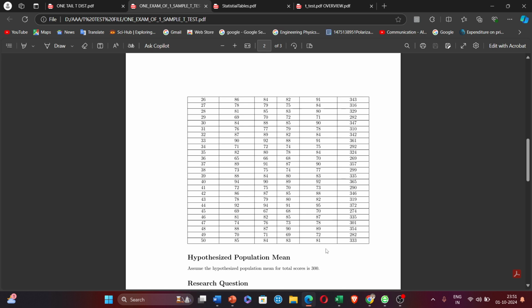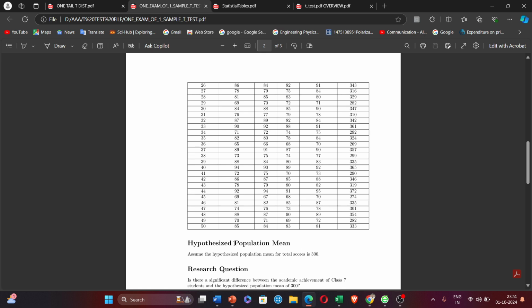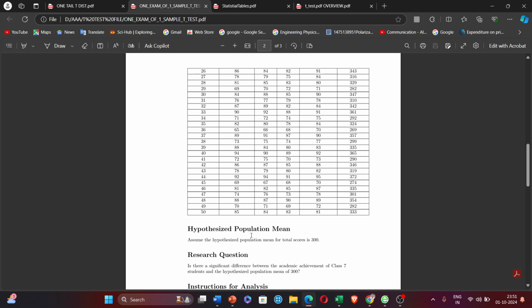Now our assumptions and hypothesis mean. Always remember, in a one-sample test you will get the population mean or value, which is the baseline. Based on that, you calculate from the sample and compare whether this hypothesized population mean and the sample mean differ or not.